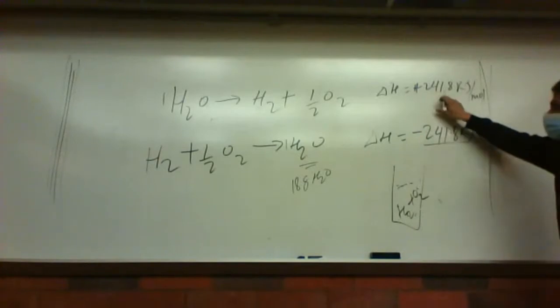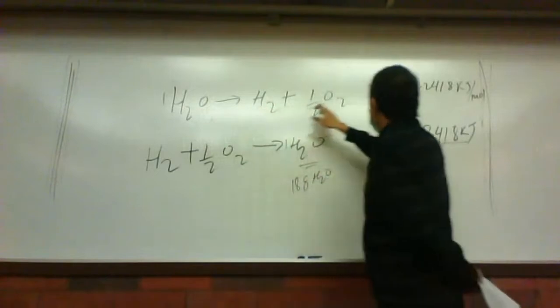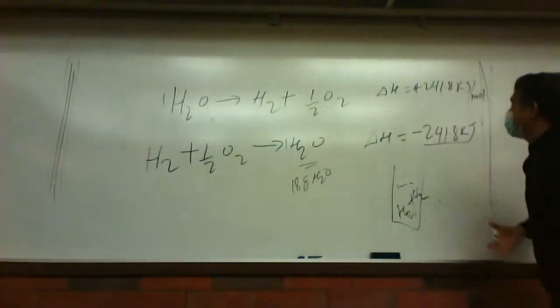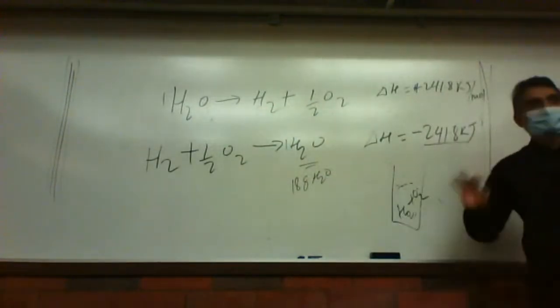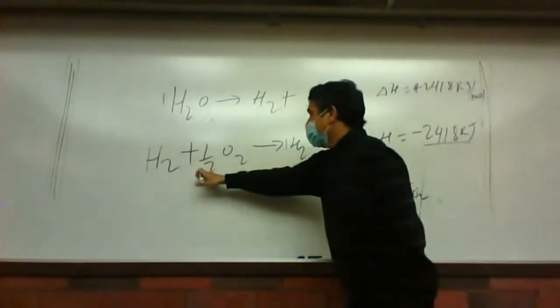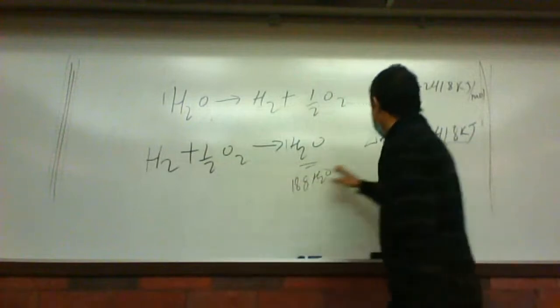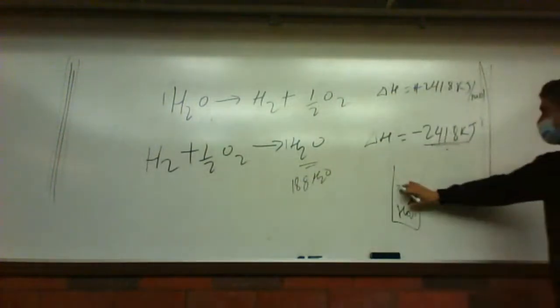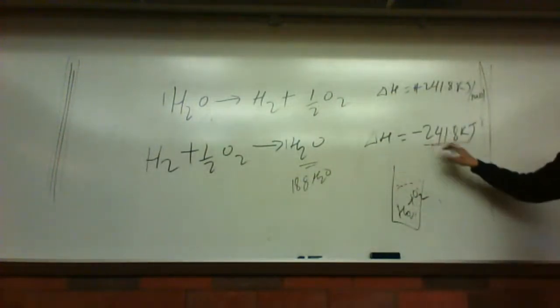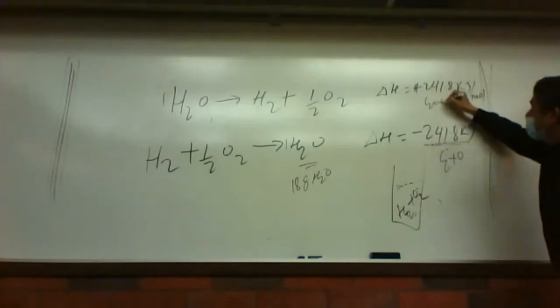So this is an endothermic reaction, because to break this one into hydrogen and oxygen, you must supply energy from outside. So that's endothermic. You give the energy for this to happen. But in this one, they are just burning like a fuel. You just light it and it burns and gives out a lot of energy, so this vessel becomes hot. So this is exothermic. Minus means exothermic, plus means endothermic.